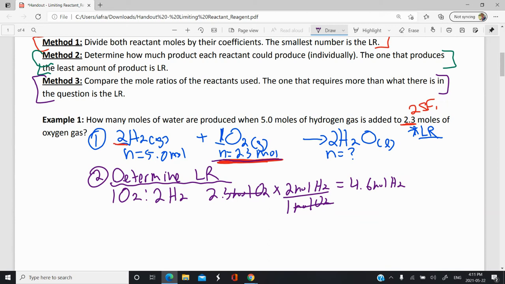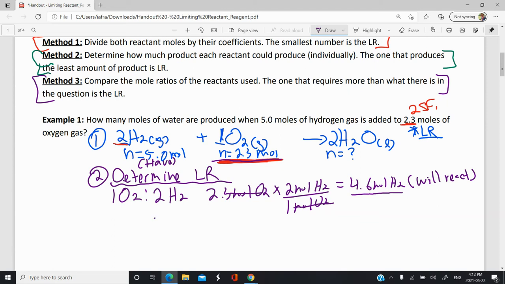Now look at what you actually have. So this is what will react. Now take a look at what you actually have, which is 5 moles of H2. Is it larger or smaller than what will react? Notice that you have more than what will react. You have 5.0 moles of H2. That's more than 4.6. So since you have more H2 than needed, that's going to make that your excess.